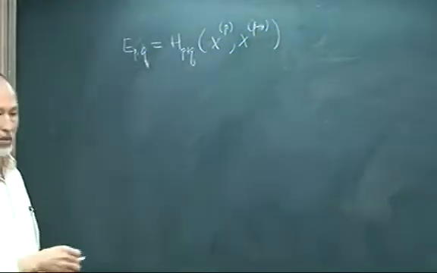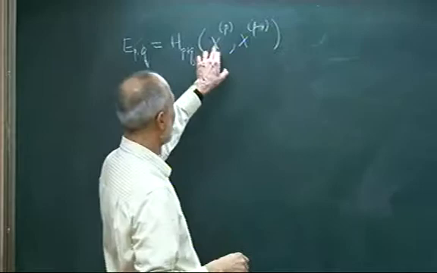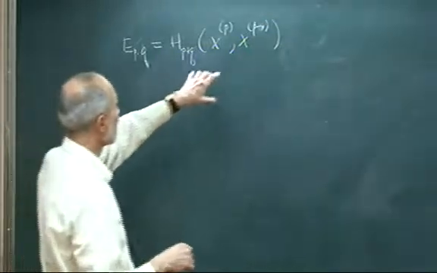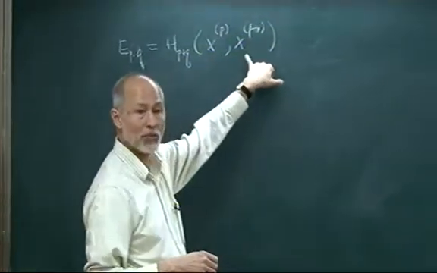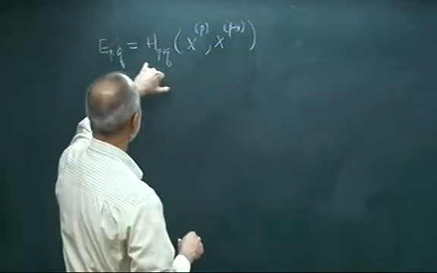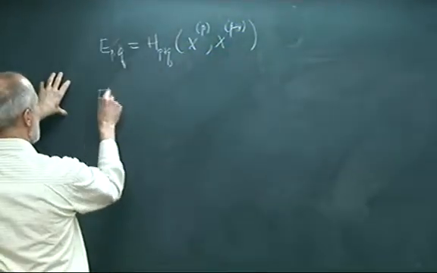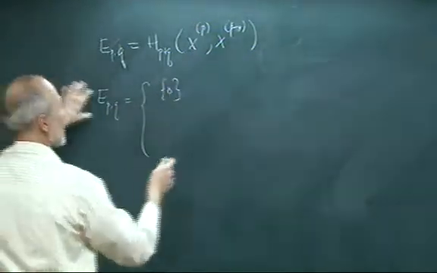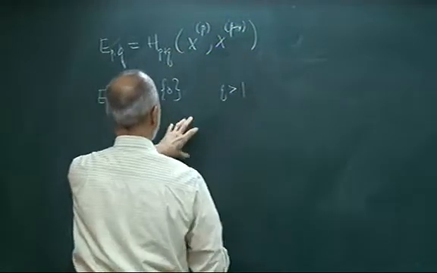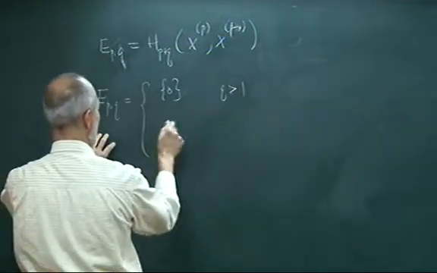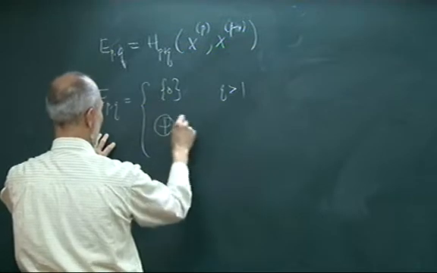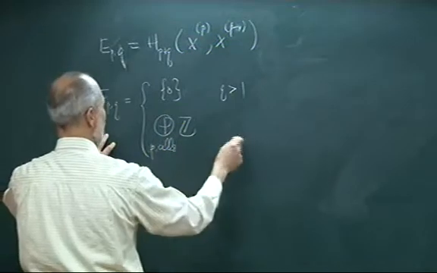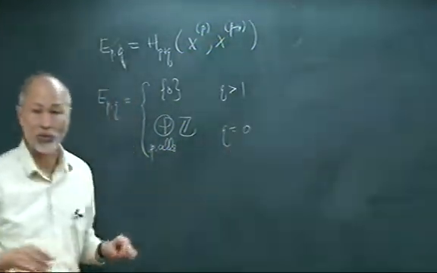And of course, it's clear, since assuming that my CW complex is not some horrible thing, that this is determined by a bunch of P cells, and hence we get that EPQ is 0 for Q greater than 1, and it's equal to the sum of copies of Z over the P cells for Q equal to 0.